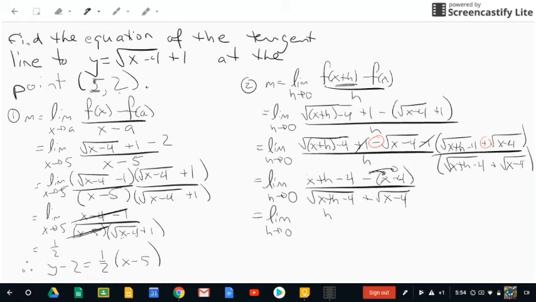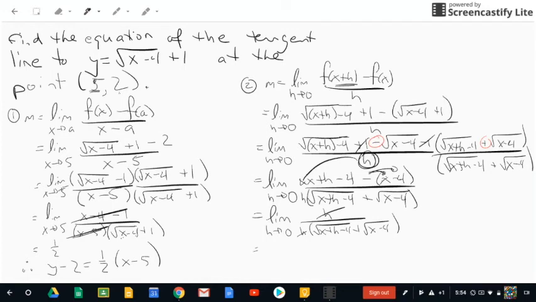All you're going to be left with here is the h. Sorry, I miswrote this in the denominator. I forgot about that h right there; that h should also have been down there. So it is down there: h over h multiplied by the square root of x plus h minus 4 plus the square root of x minus 4. Now, h divided by h is going to get you a 1.